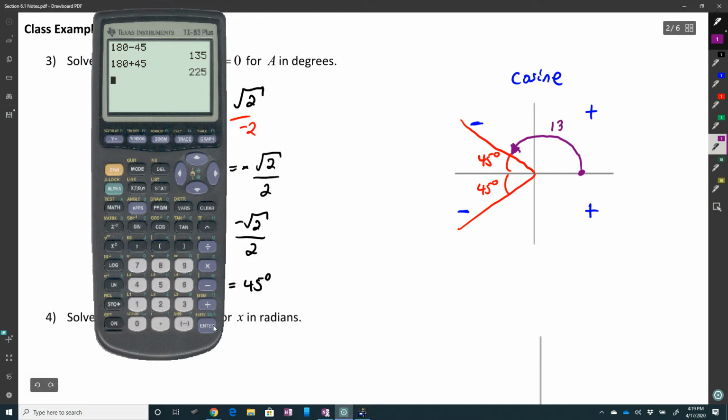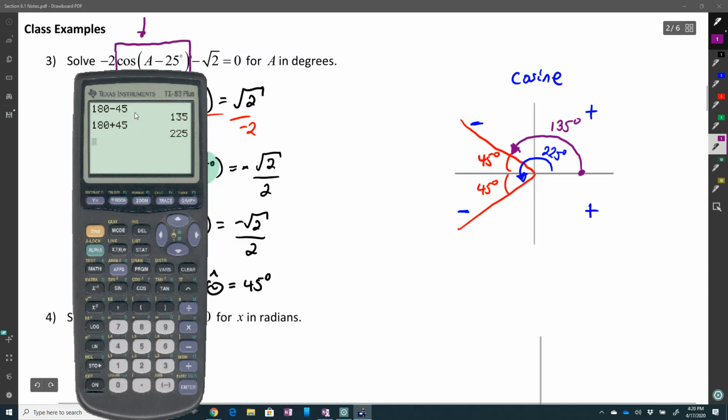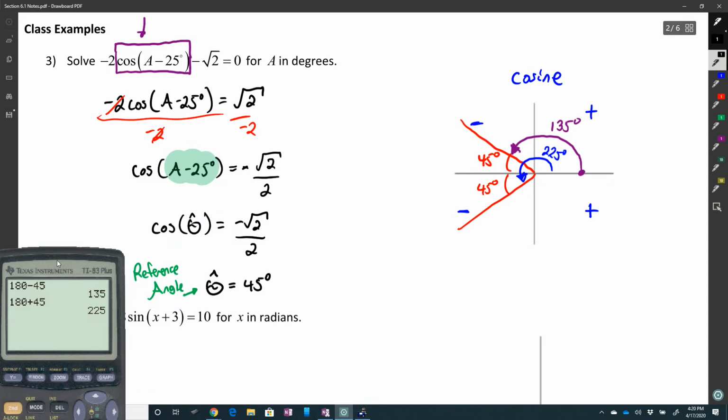So this is 135 degrees, whereas the one below it, going down there, is 225 degrees. All right? So as far as my solutions go, I think I'm going to run out there.